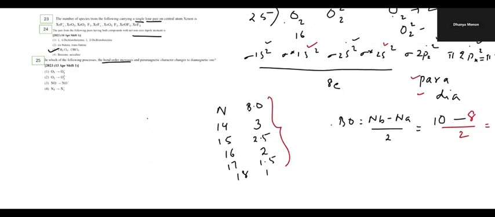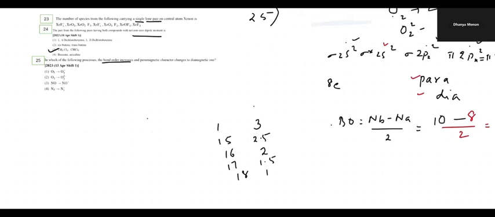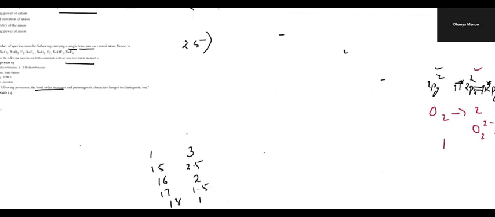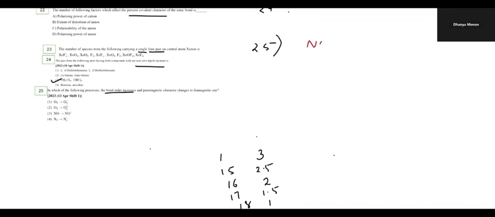The next one is NO to NO plus. So for NO, the configuration is sigma 1s2, sigma star 1s2, sigma 2s2, sigma star 2s2.